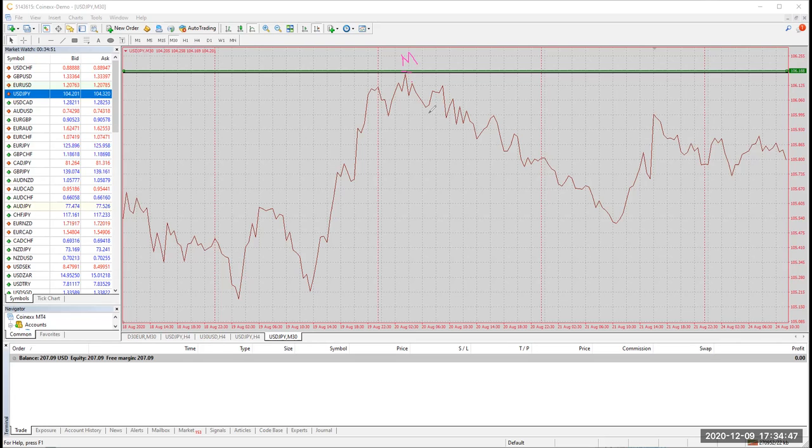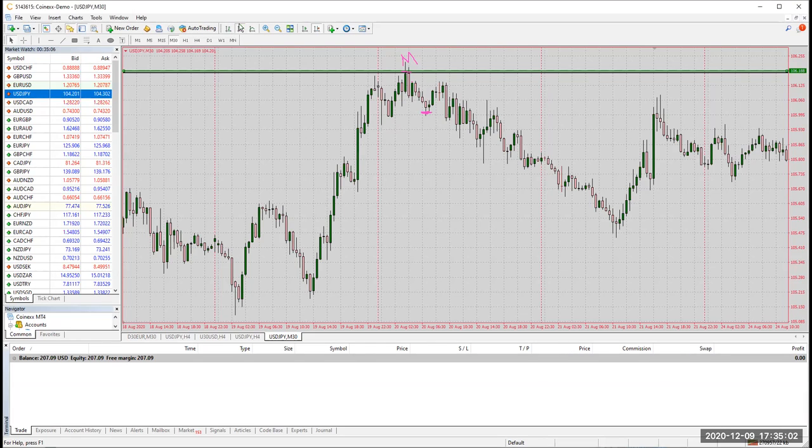So my TP would be 3 to 5 pips above the next zone that it's heading down to. If we jump back over and look at the candlestick, there's another zone down that is happening right there. So we will be taking that trade down to 3 to 5 pips above where that zone is, probably where I want to be putting my TP.